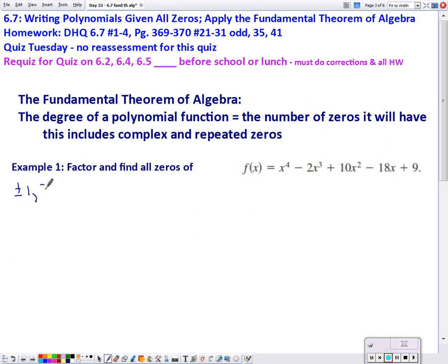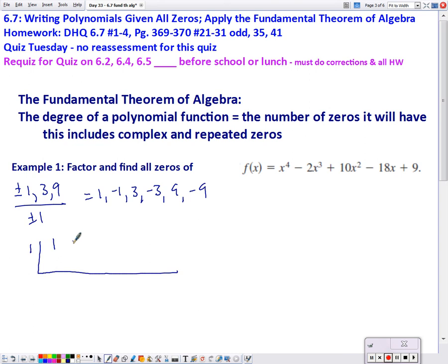So factors of the constant over factors of the leading coefficient. Boy, I hope something nice works. We've got 1, -1, 3, -3, 9, -9. Let's start with our friend 1. And we've got 1, -2, 10, -18, and 9.